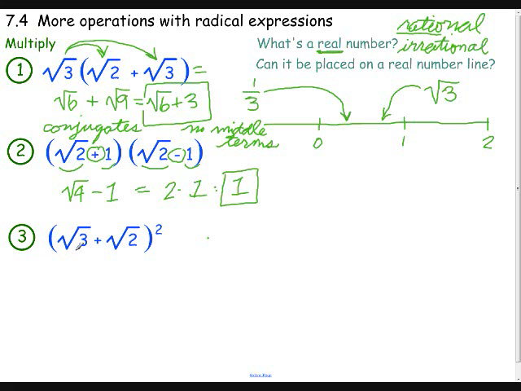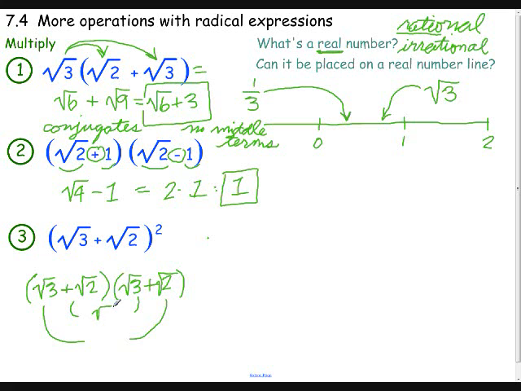However, if I multiply the square root of 3, here we have another binomial that has radicals in it, times itself, in other words, square it. What am I going to have? Of course, I'll have the same thing I had up above, where I multiply the first together, I multiply the last together. But what happens when I do the inside times the inside and the outside times the outside?